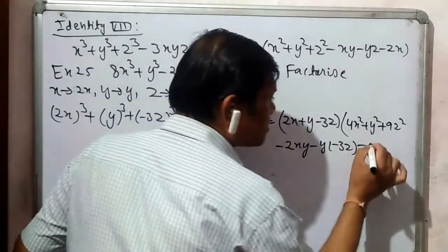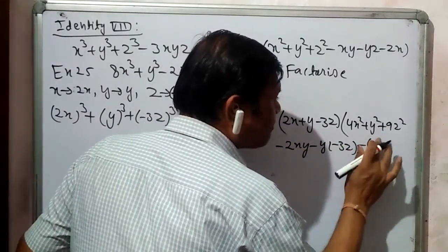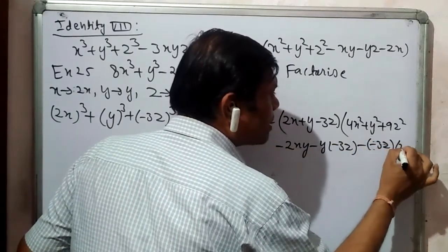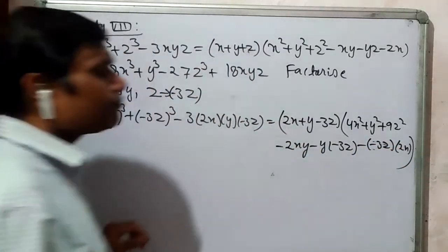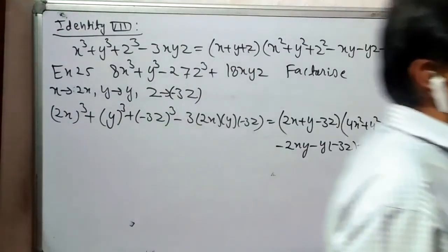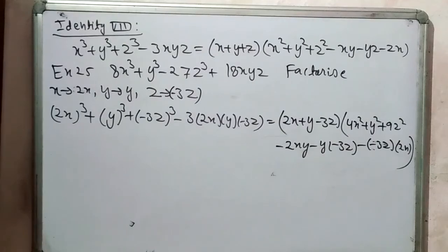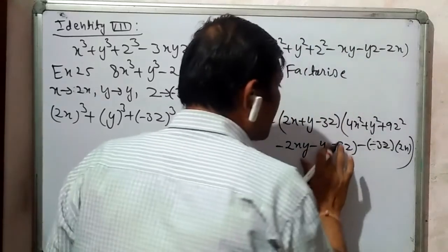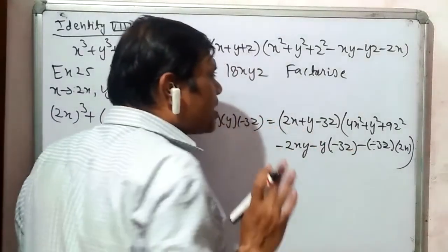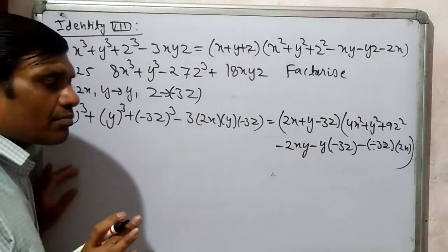Minus zx, minus the product of negative 3z with 2x. Please remember, x, y, z we have to place along with their positive and negative signs. If they are positive, we need not put the sign. If they are negative, please put their sign along with it. In place of z, we are placing minus 3z.